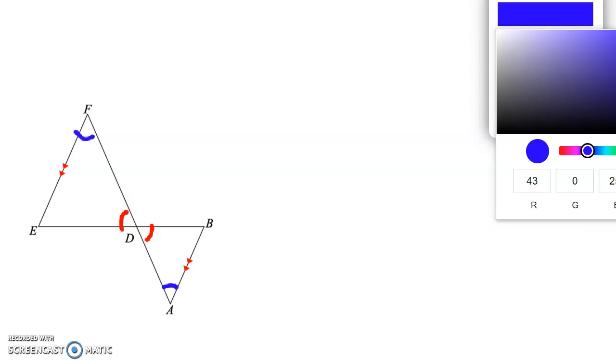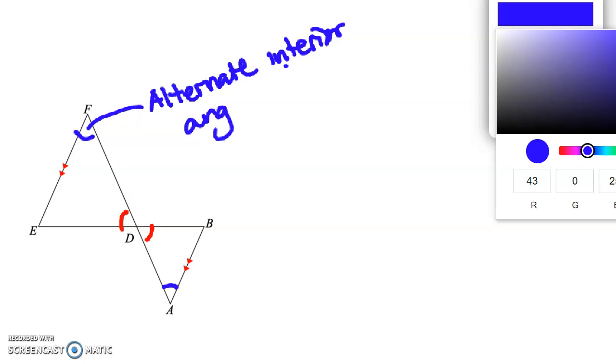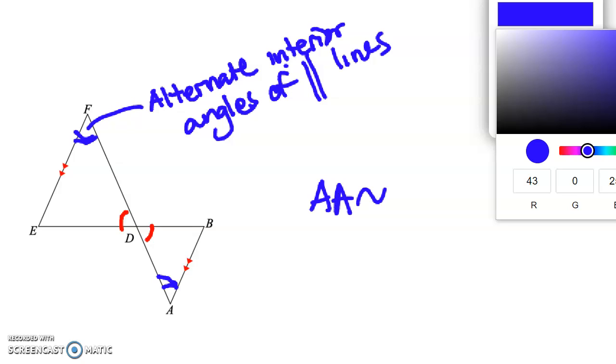They are alternate interior angles of parallel lines. And we know that they are always going to be congruent. So I know that these two angles are congruent. That means looking at this top triangle and the second bottom triangle, we have two pairs of corresponding angles that are congruent. That means by angle similarity, the two triangles are, not congruent, similar.